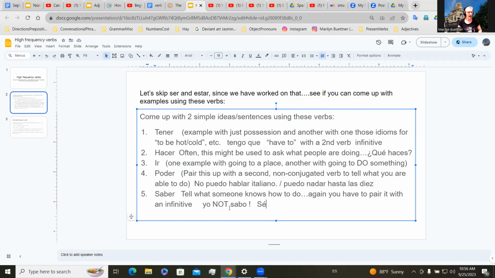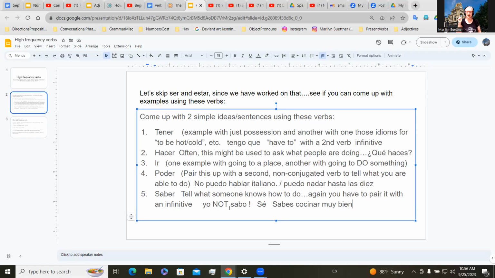A ver, sí. Anybody got an example for saber? Tú sabes cocinar muy bien. Sabes cocinar muy bien. You know how to cook very well. A word is missing in the Spanish.